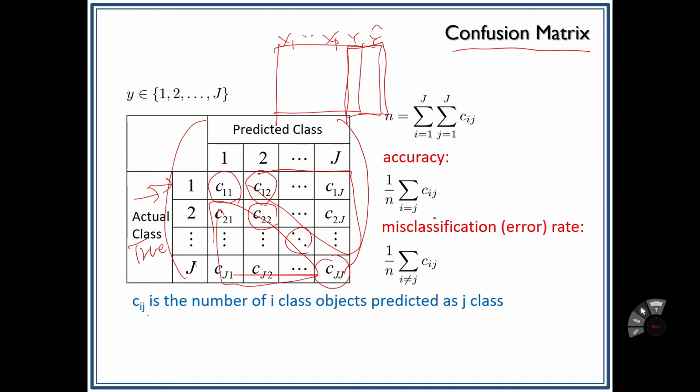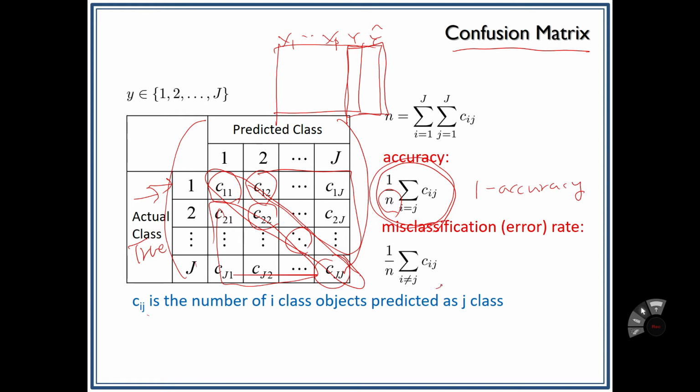The accuracy of a classifier is computed by summing up all the diagonal elements divided by the total number of observations. On the other hand, the misclassification rate, or error rate, is computed as 1 minus accuracy.